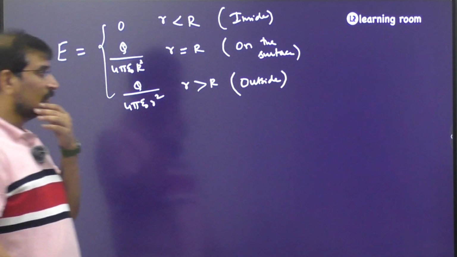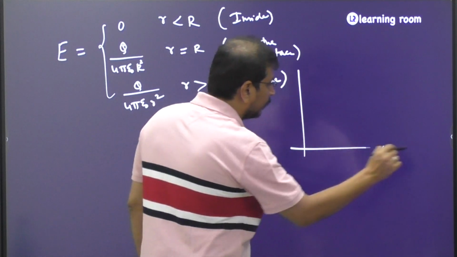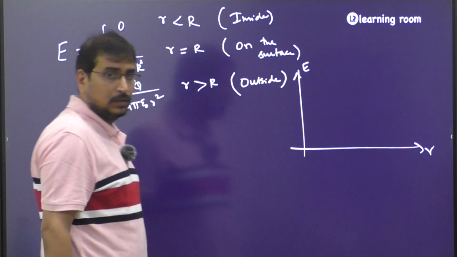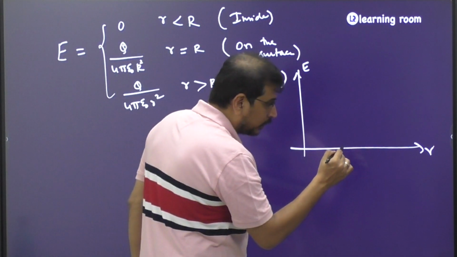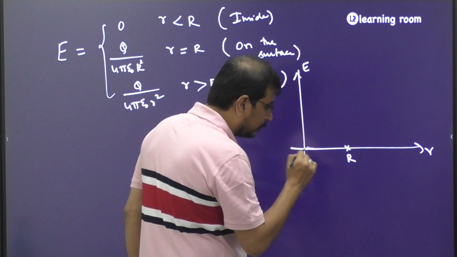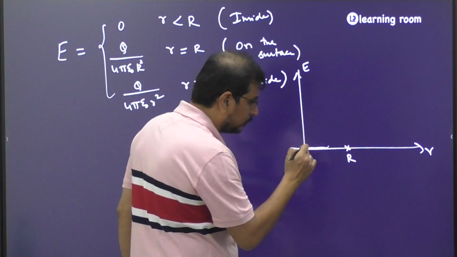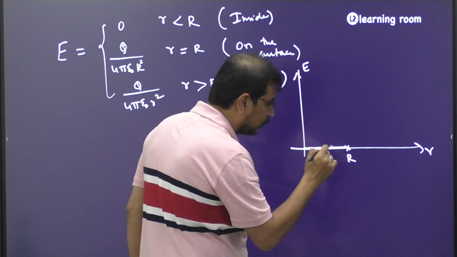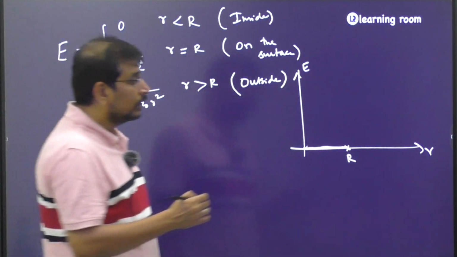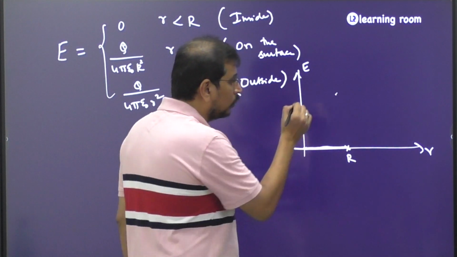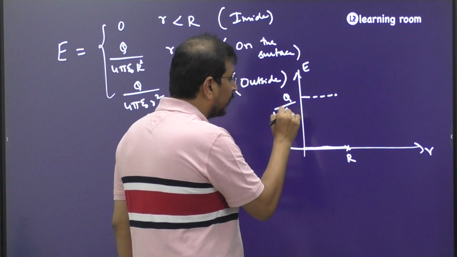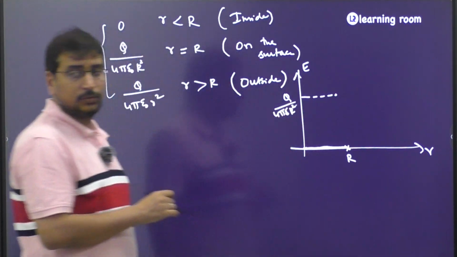So having said this, when you plot a graph between the electric field and r, till the value capital R, it will be 0. After that, it will reach a value equal to Q divided by 4 pi epsilon naught capital R square.